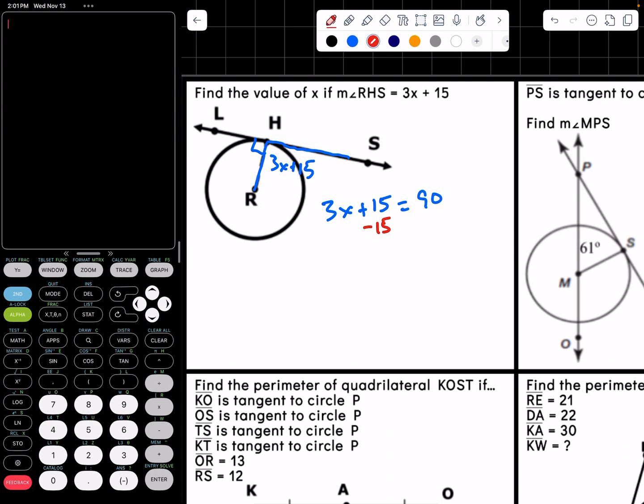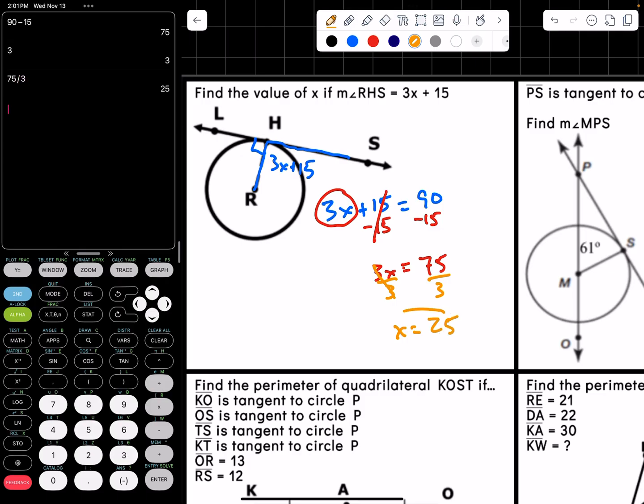So I want to get 3x by itself. So I'm going to subtract 15 from both sides. 3x equals 90 minus 15, 75. Then I can divide both sides by 3. X equals 75 divided by 3, 25.